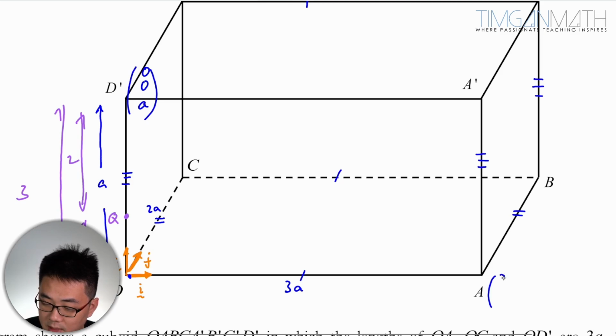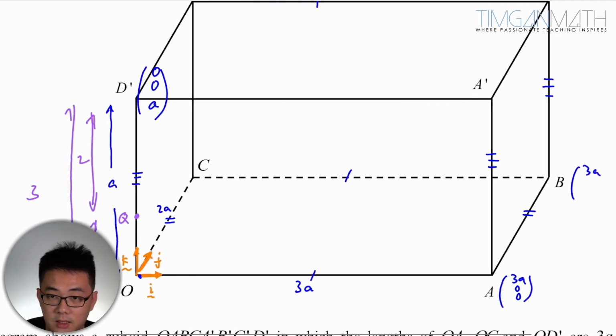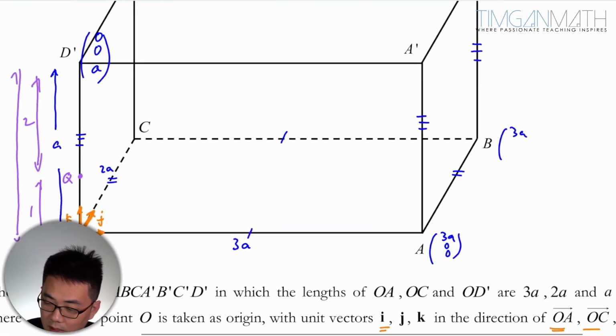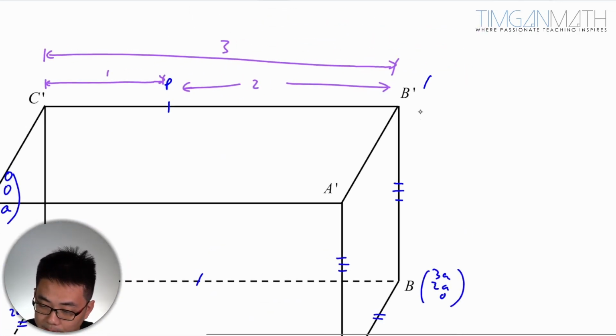For this case here, this is 3A, because you move in I but 0, 0. It's good to just label everything quickly. So this is 3A, and you move 2A in this direction. So this column vector here is 3A, 2A, and 0. Reading the column vector, the position vector, is important because sometimes you need to get used to it.